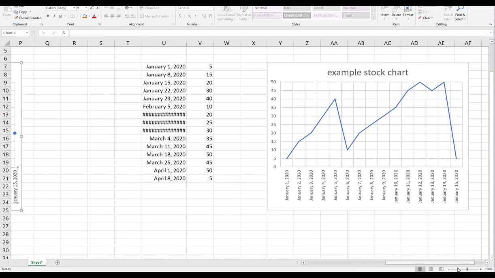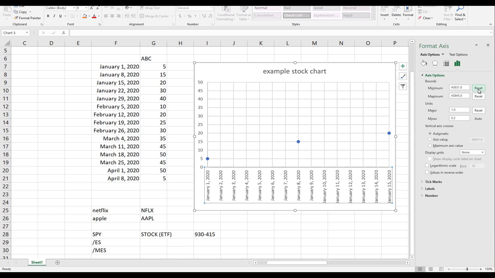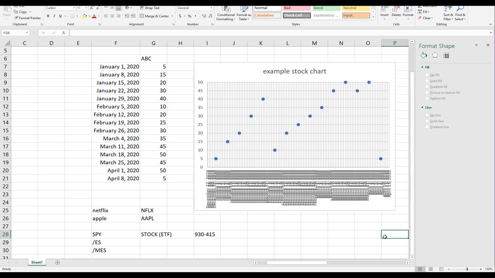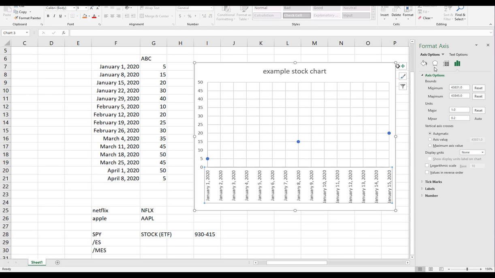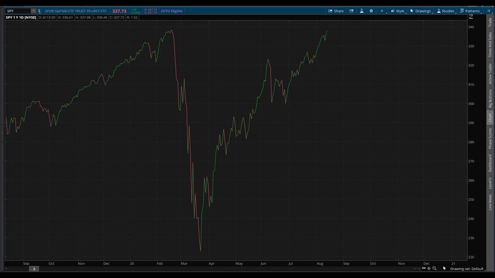You can see here that January 8th, you only have the one. Oh, I think I know why. You have to make it automatic. Anyway, I don't want to get bogged down. You get the point. Now you only have 3 points because it's once every 7 days, and you could do it once every month, once every year, whatever.